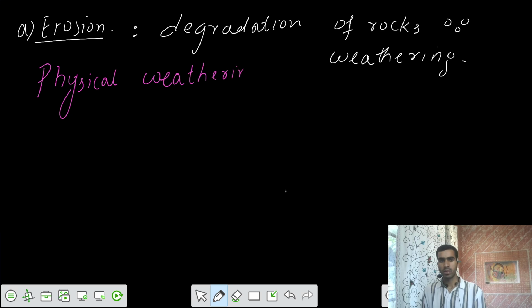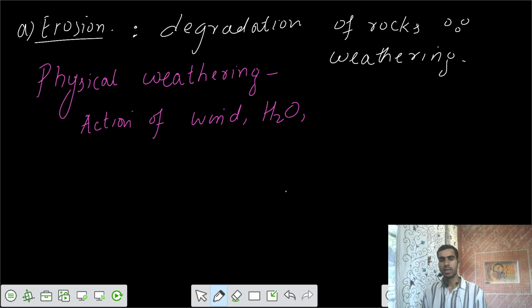So what's happening here? There is the action of wind, there can be water also, there can be glaciers. These kinds of physical agents are going to act on that rock.